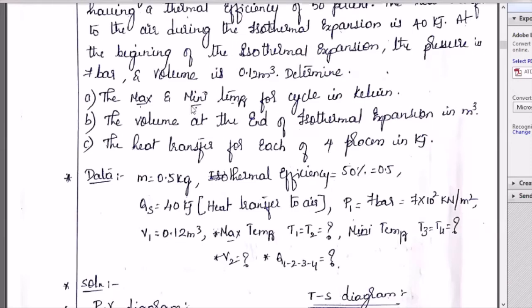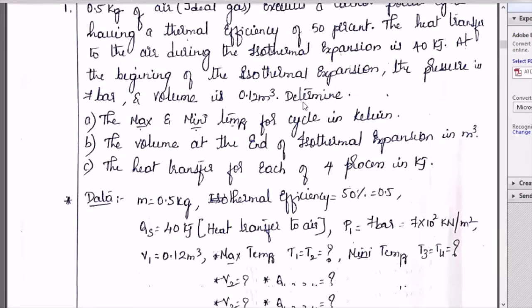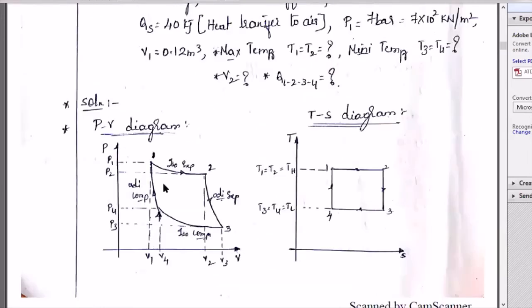Next, at the beginning of the isothermal expansion. Now check out isothermal expansion, here it is 1 to 2. Beginning of isothermal expansion point is 1. So now the data belongs to 1. The point 1 is the value given in the problem.